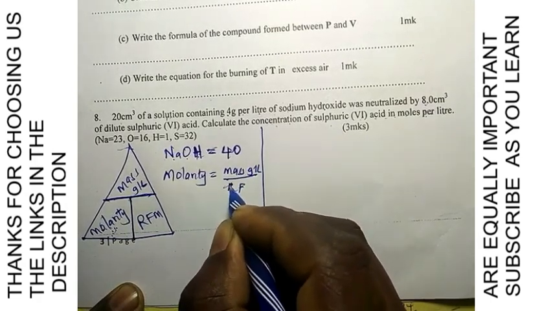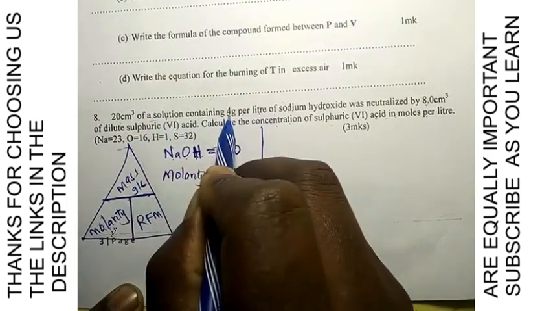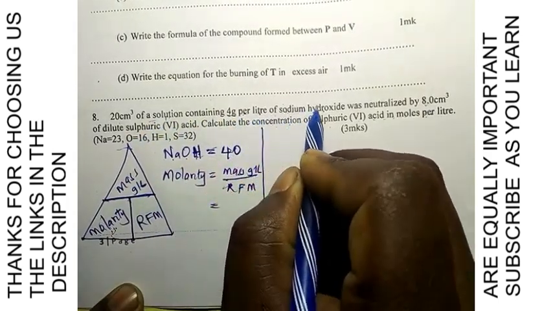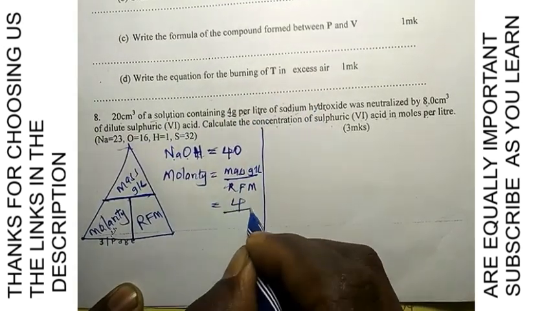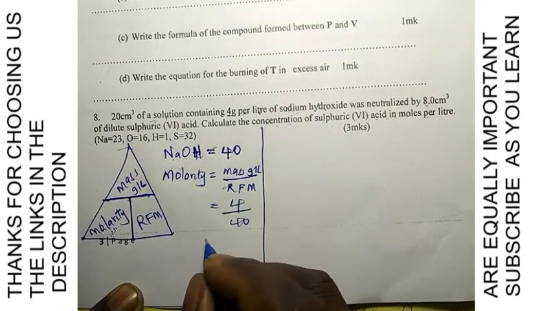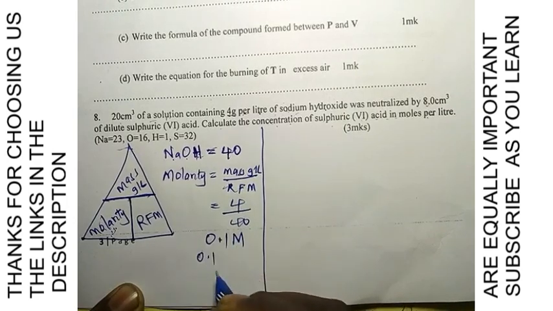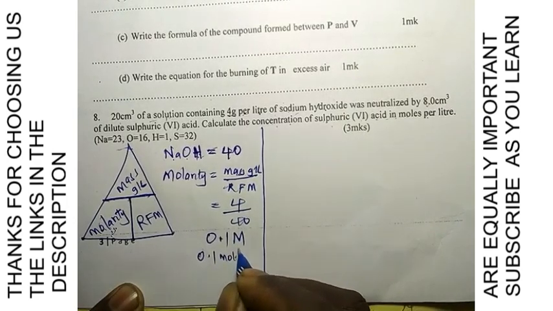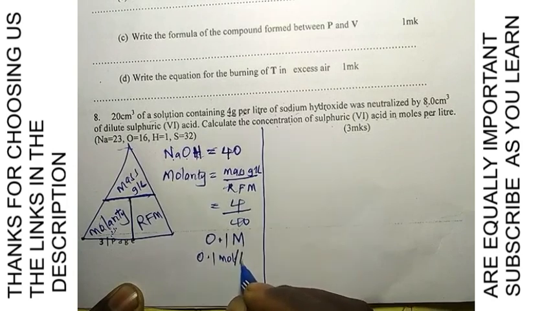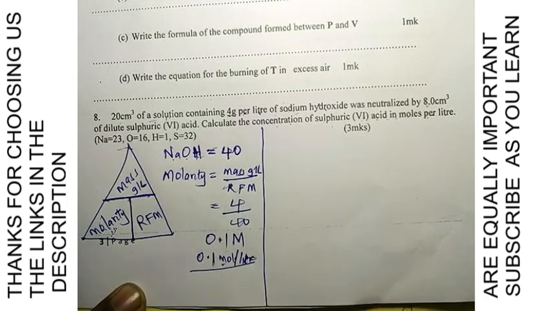We were given 4 grams per liter, so 4 divided by the RFM, 40. So the molarity of sodium hydroxide is 0.1 M, or 0.1 mole per liter. That is what we call molarity, or concentration in moles per liter.